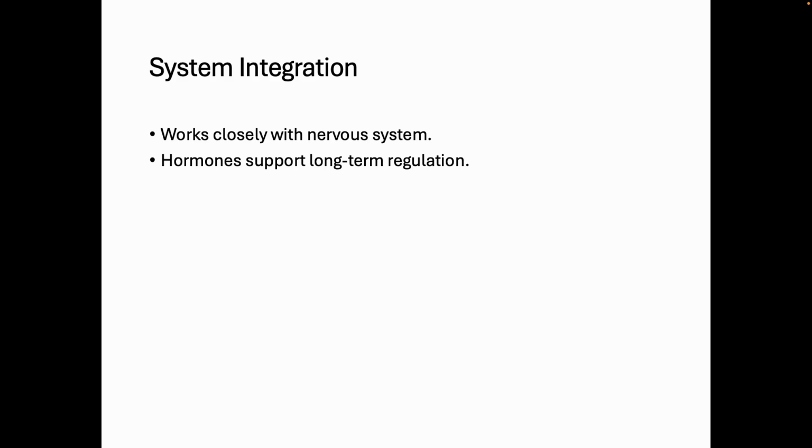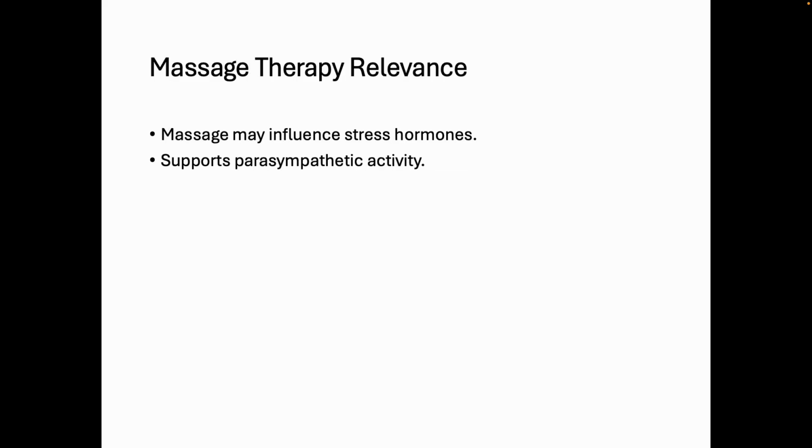Wow. All right. So the endocrine system works closely with your nervous system. And remember, hormones support long-term regulation. And when your hormones are off, your body is not functioning properly. You can have all kinds of issues happening.